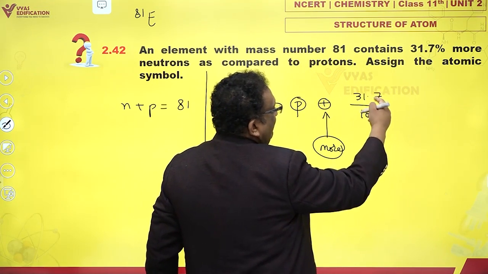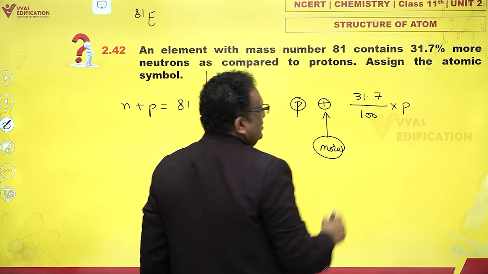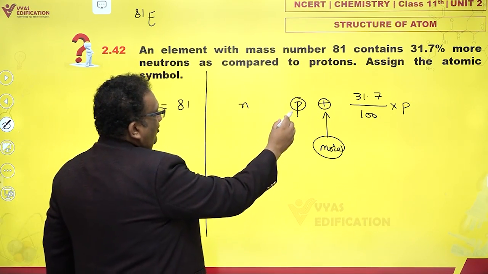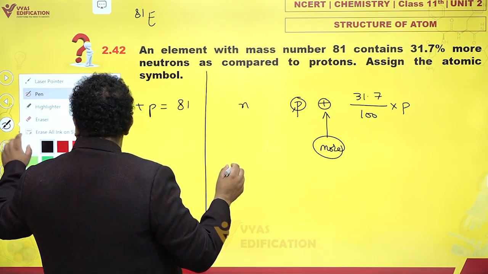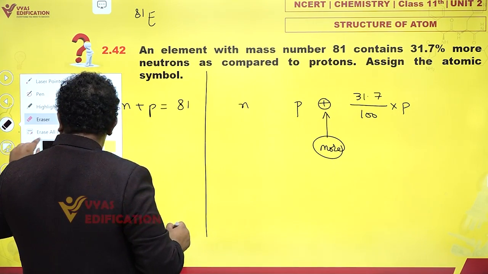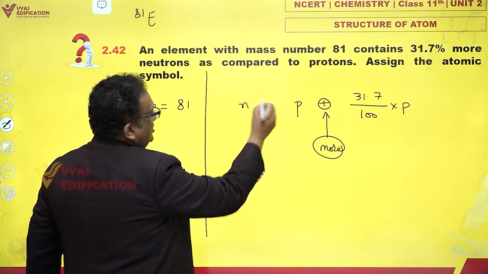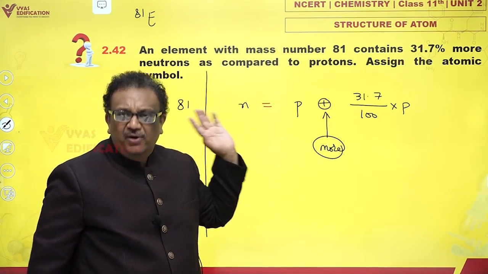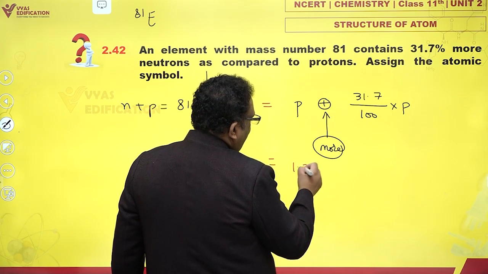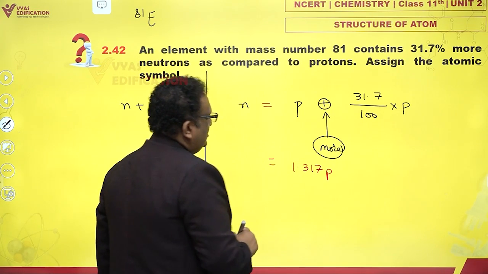So 31.7 upon 100 times protons. If you add this to the number of protons, what do you get? You get the number of neutrons. This is a part of the question itself. How much is that? This is 1.317 times protons.